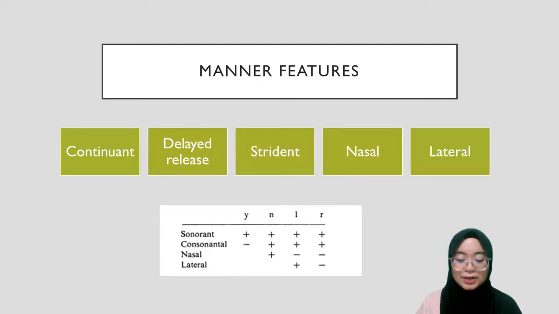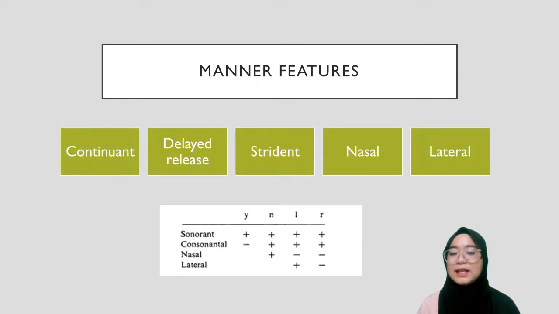In manner feature, continuant and delayed release and also strident, nasal, and lateral can be seen from the example. There are 4 consonants, Y, N, L, and R. So Y is sonorant, N is also sonorant, L is sonorant, R is sonorant.